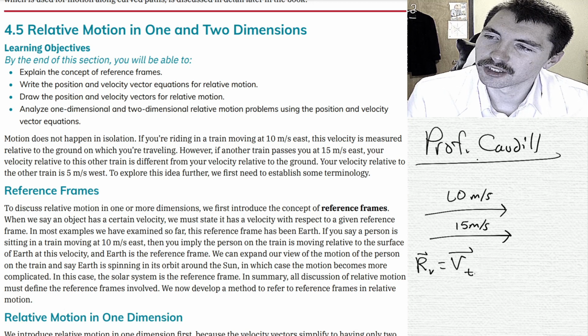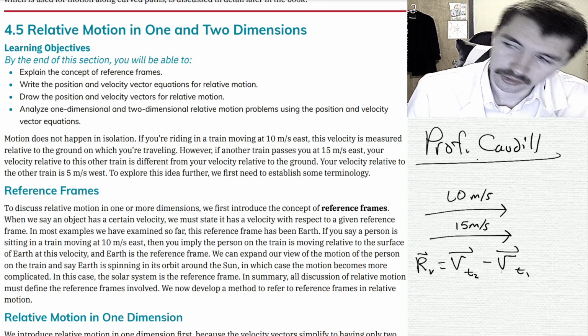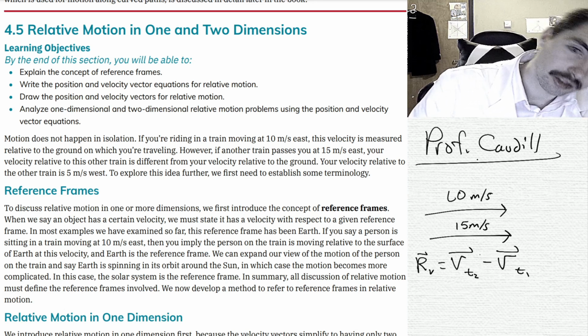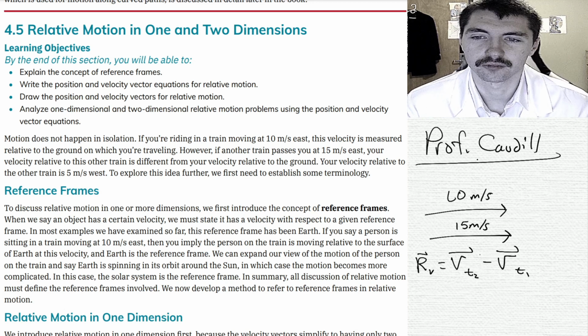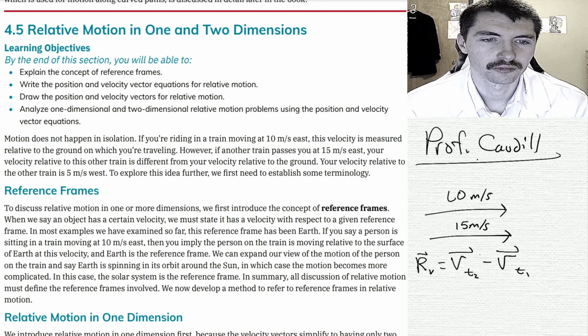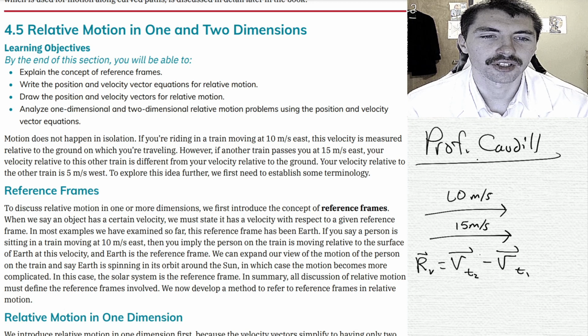Let's just say train 2 minus velocity of train 1. Thinking that's how they're thinking of it. Meters per second west.